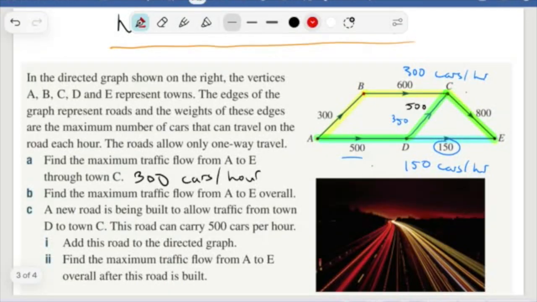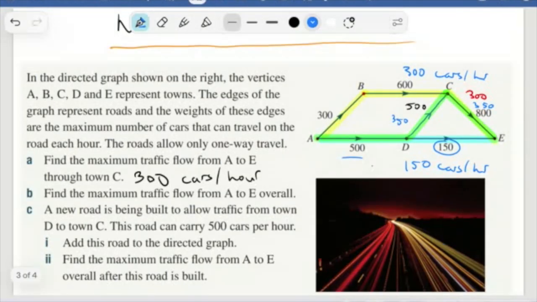We have the 300 cars from before, from this route in yellow. They pass through A, B, C to E. But I also have the 350 cars that go along the vertices A, D, C, and E. So I have 350 going along here.